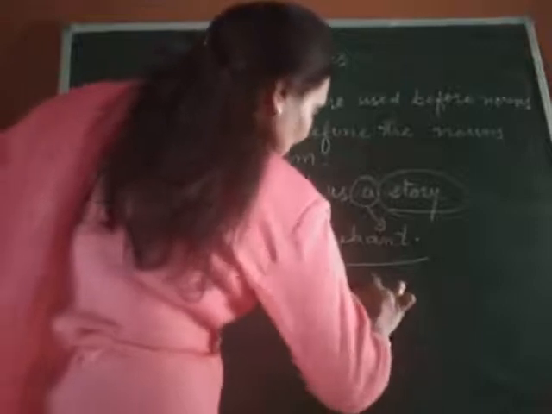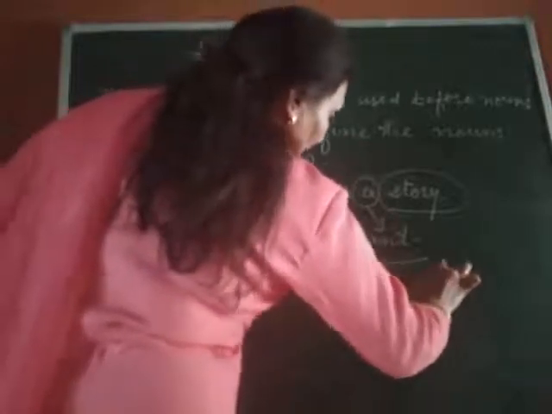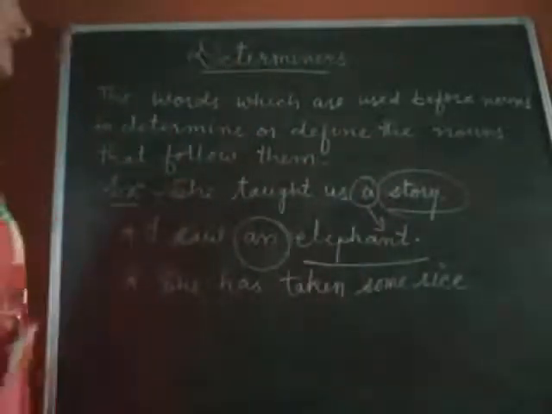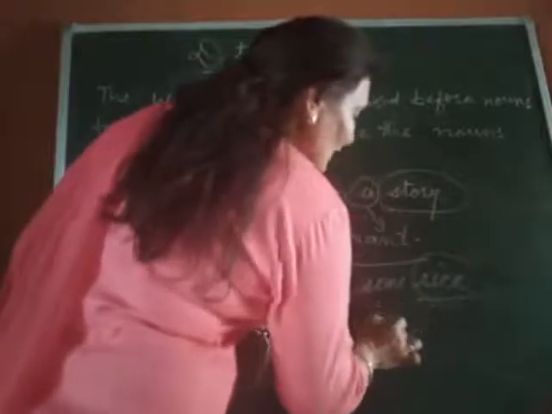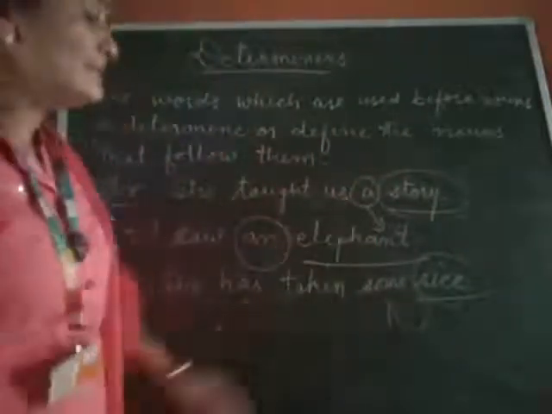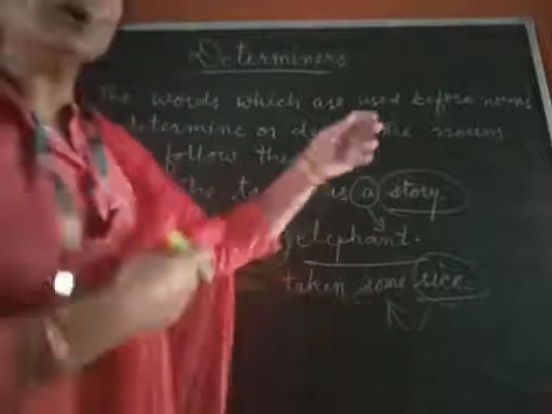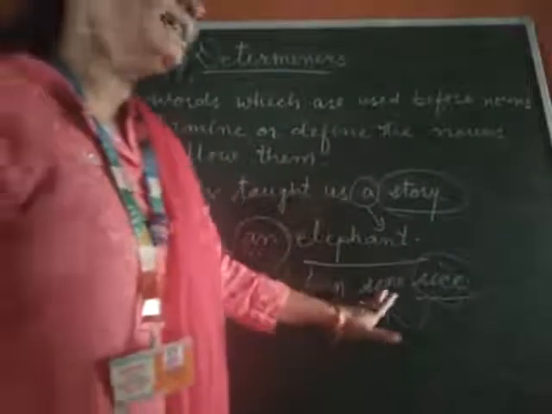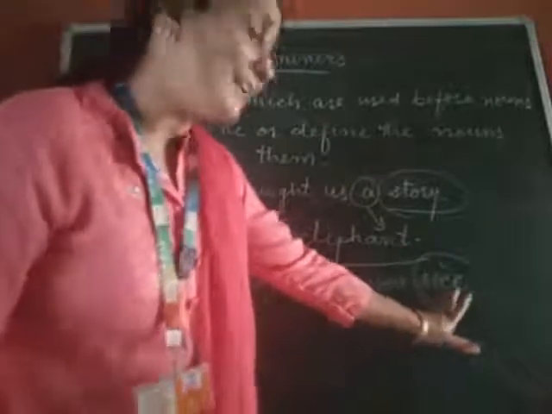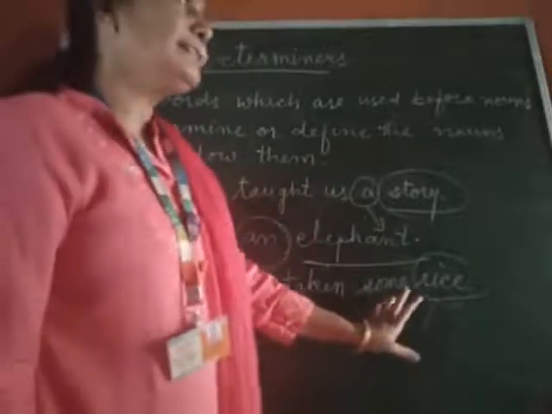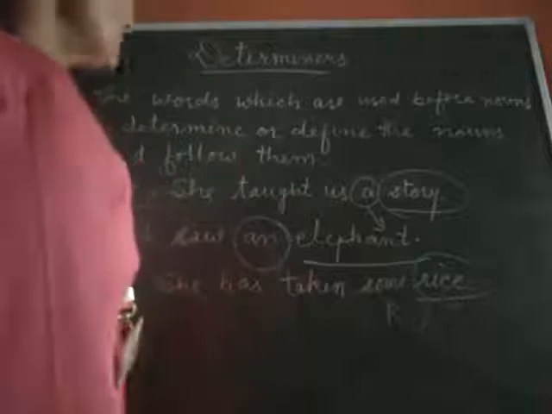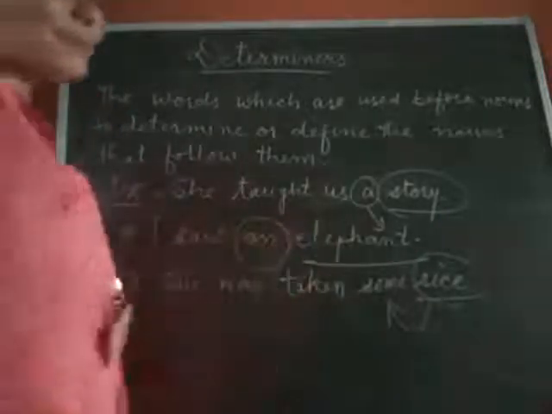She has taken some rice. In this sentence also rice is a noun, and before the noun I have used here a word, that is some. Some is also a determiner because I have used here some to determine that noun, the rice, how much rice.